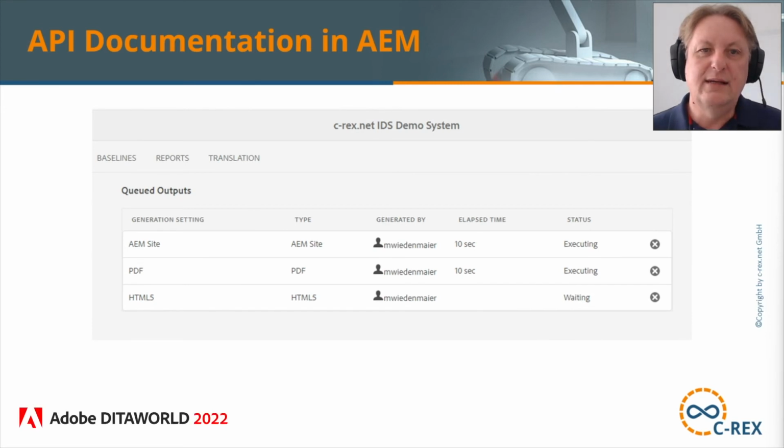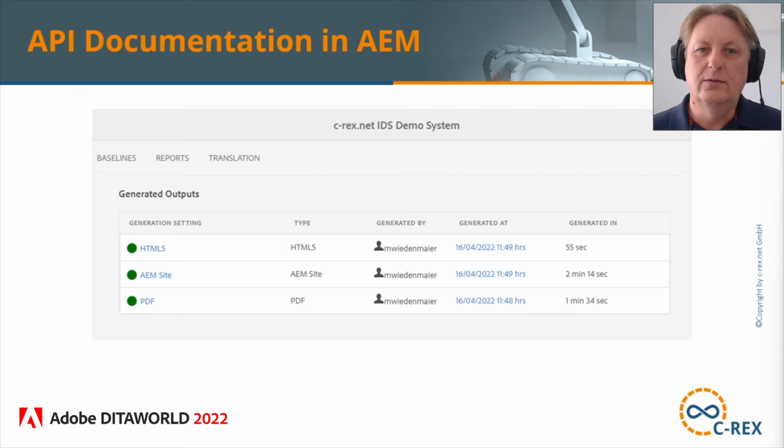And now let's generate some outputs to PDF and Data Open Toolkit standard. To HTML5, even with the Data OT standard. And of course, as we are in AEM, we publish to AEM sites. And here we go.